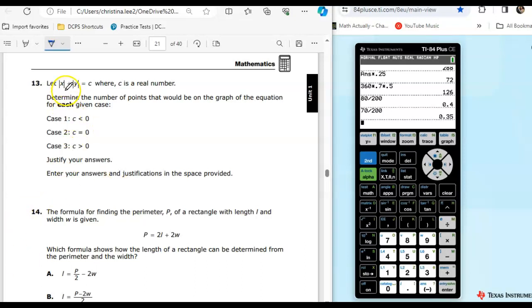These are absolute values. X would have to be positive and y would have to be positive, which means that c would have to be positive unless x and y are 0, right? And so there are no solutions for this first one.